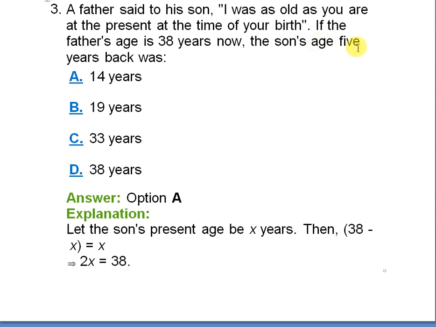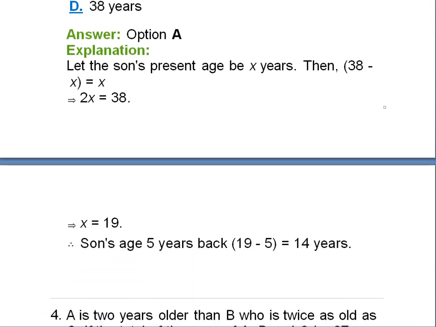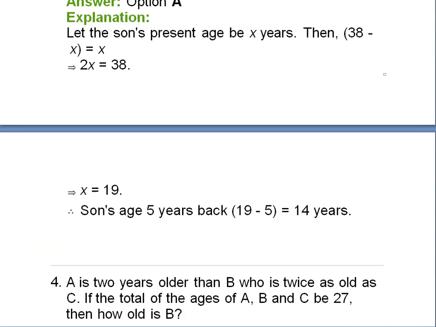Because the father's age is 38 years now, and we have assumed that the son's present age is x years. So that's why we did 38 minus x equals x. So x will be equal to 19. The son's age 5 years back is 19 subtracted by 5, which is equal to 14 years.